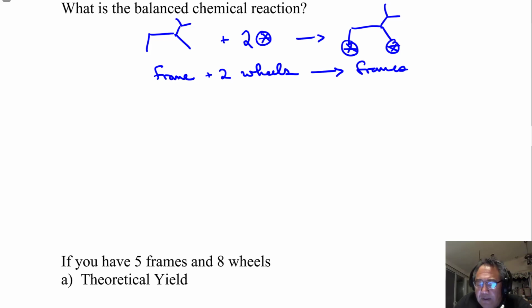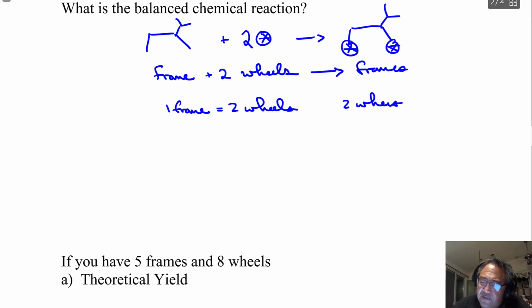So for example, 1 frame is equal to 2 wheels. Or I could write 2 wheels. Oh, look at this, I wrote frames over here. Bicycles. Normally in class, people yell at me when that happens. 2 wheels equals 1 bicycle.